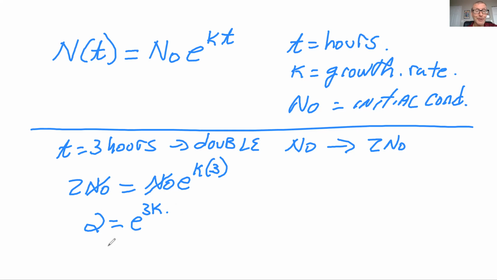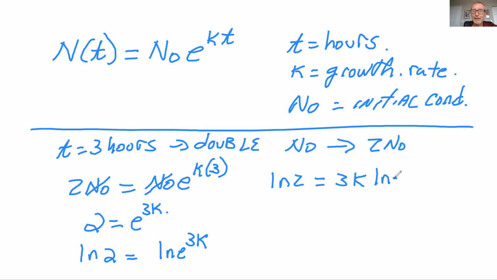If we take the log of both sides, we'd have natural log of 2 equals natural log of e to the 3k. And now use the power rule property of logs, right? Natural log of 2 equals 3k times natural log of e. And that's why we took the natural log, to make the arithmetic a little bit easier, right? Because natural log of e equals 1.